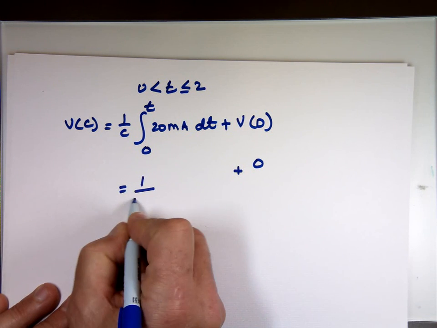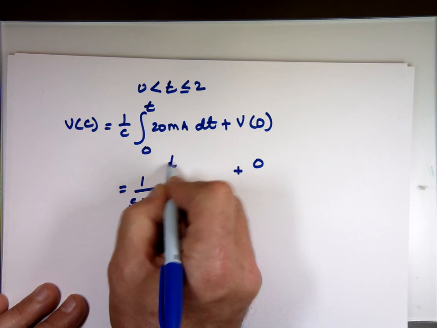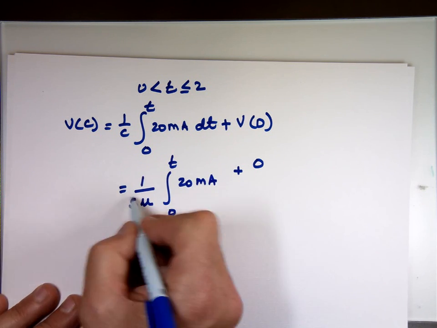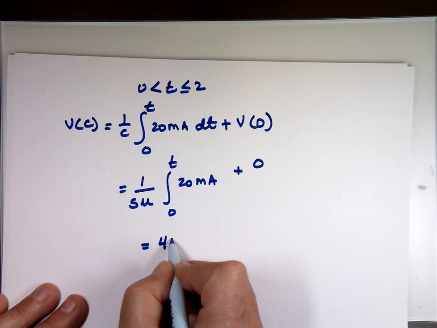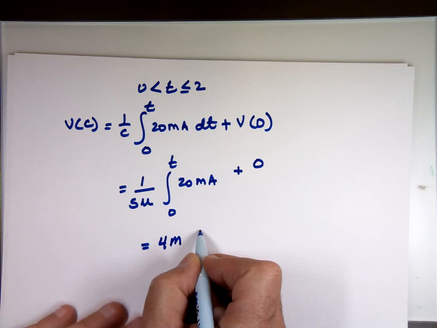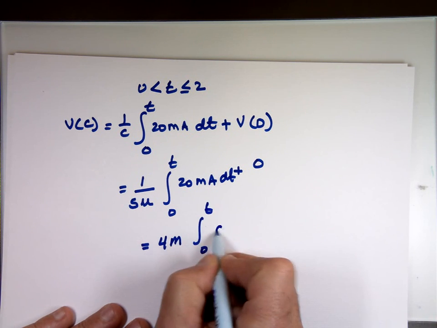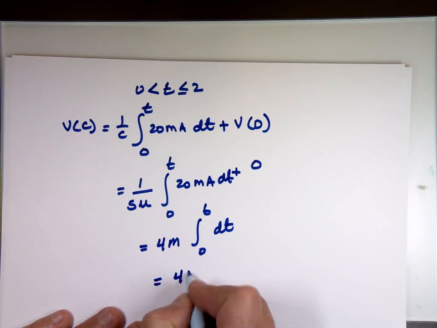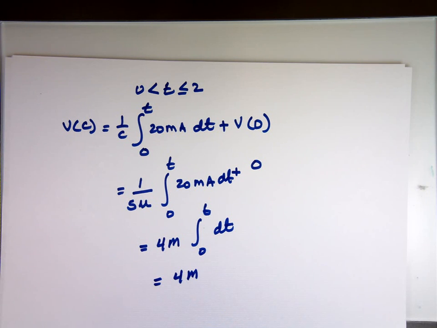It's 5 micro. Bring that one to this side. 20 divided by 5, that's 4 milli. 4t in millivolts.